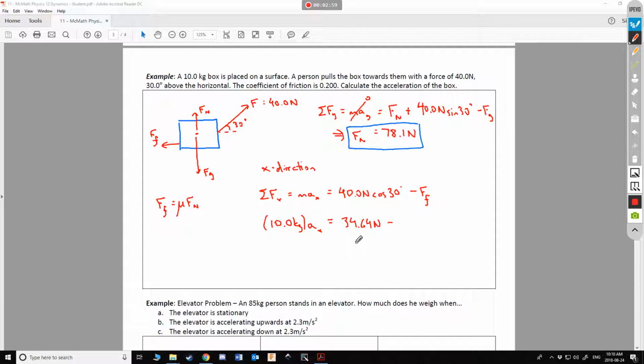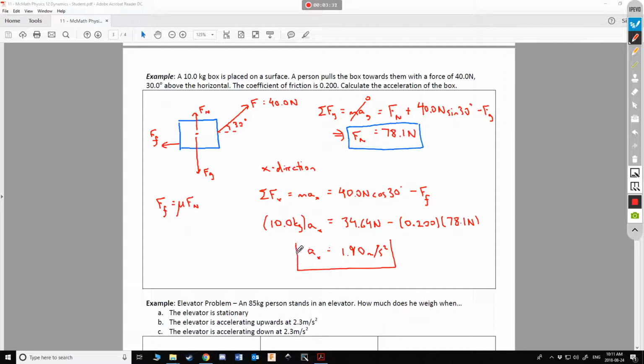And our friction force is just going to be the coefficient of friction multiplied by our normal force, which comes out to be 78.1 newtons. So we solve for this, 34.64 minus 0.2 multiplied by 78.1, and we're going to divide all of that by 10. We get an acceleration of 1.90 meters per second squared.